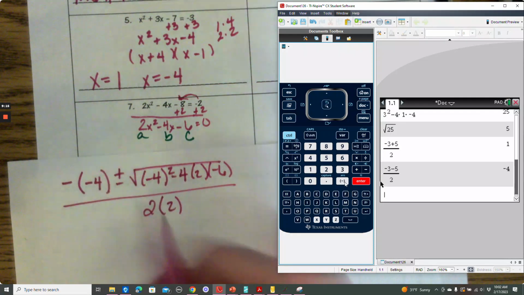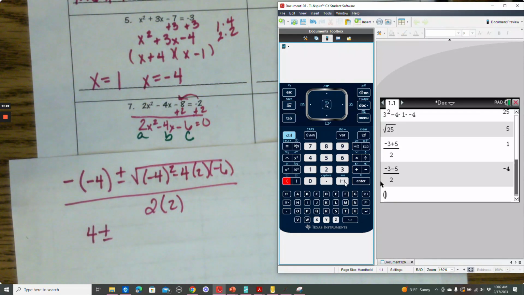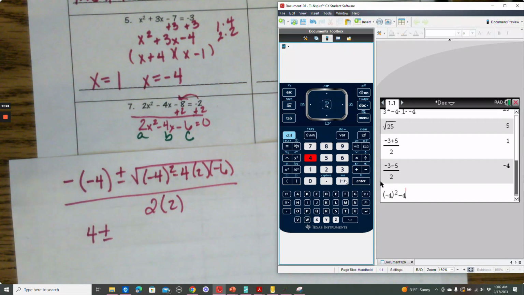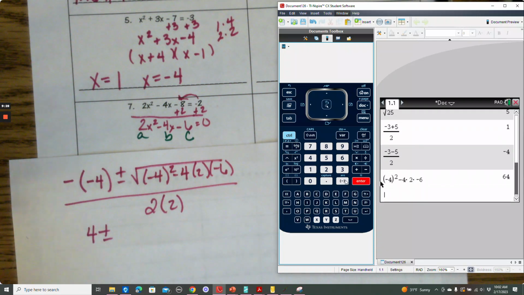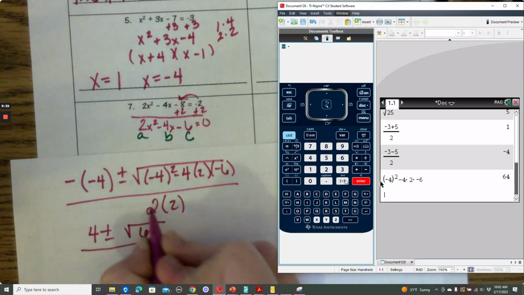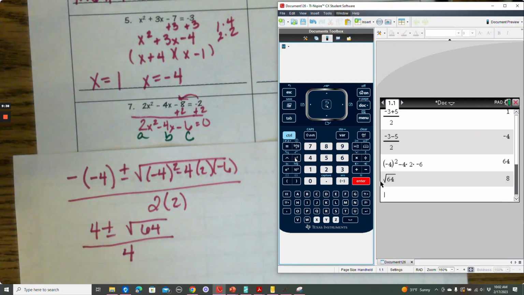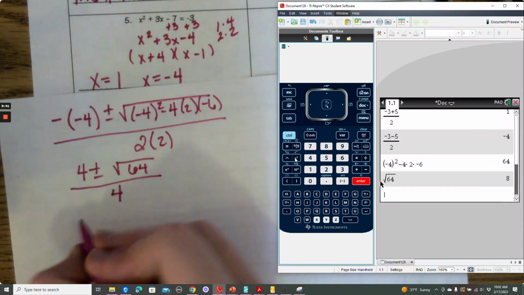All right, negative 4 is a positive 4. Then we do what's underneath the radical. Negative 4 squared minus 4 times 2 times negative 6 is 64. 2 times 2 is 4. Then we check the radical. Oh, it's nice and pretty. I like it when it's nice and pretty.